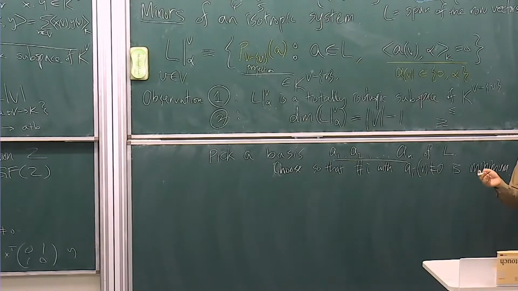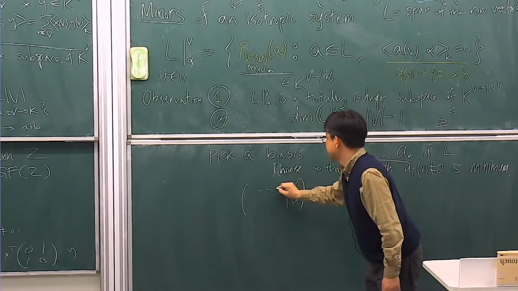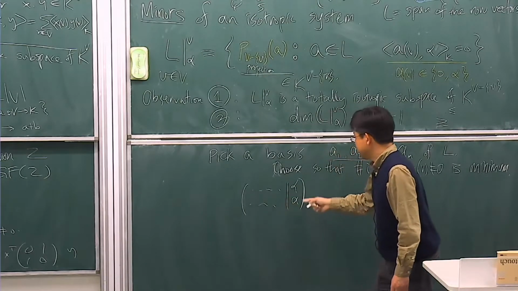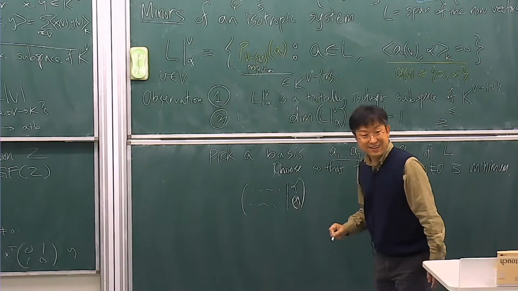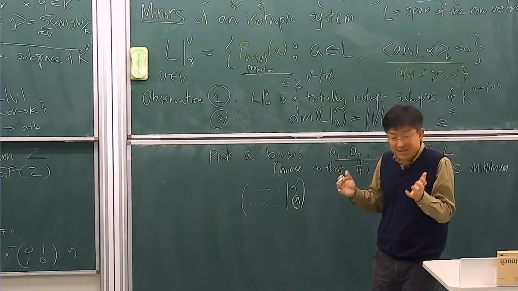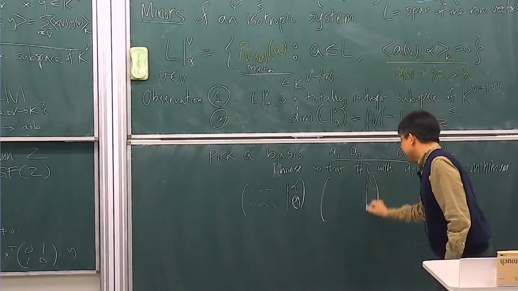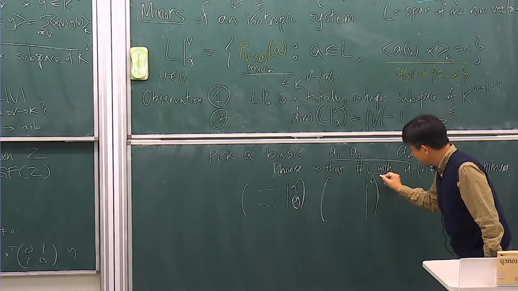If you have two vectors in the basis whose v coordinate value is the same, then I can replace one by their sum, using elementary row operations, so that this becomes 0. I apply elementary row operations until I have the minimum number of them. Then let me write it in matrix form, with a coordinate for v and all the others.